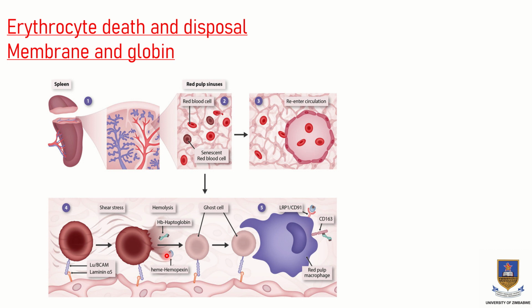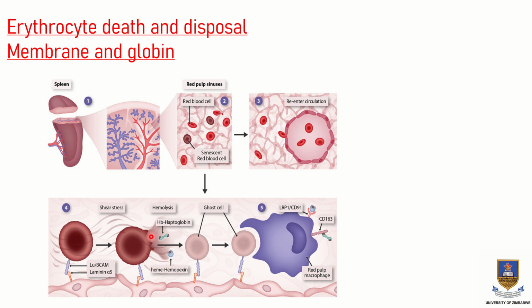Due to the position of the old red blood cell in a small space of 3 micrometers, it hemolyzes. It breaks down, it bursts into 3 components: the plasma membrane component, the globin component, and the heme component.